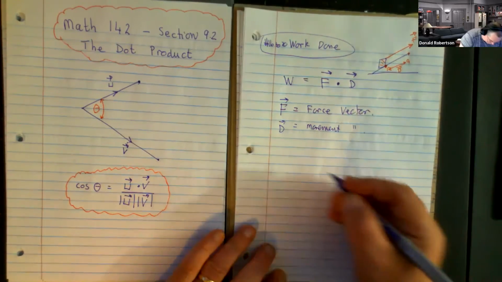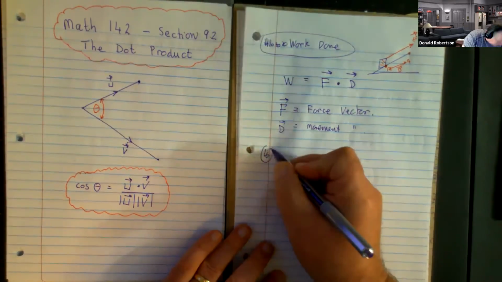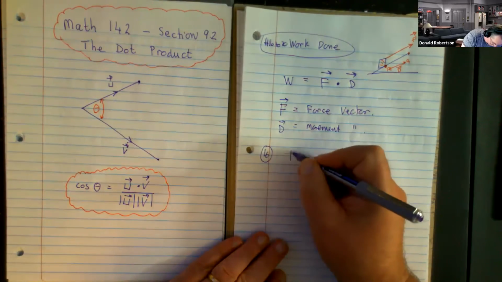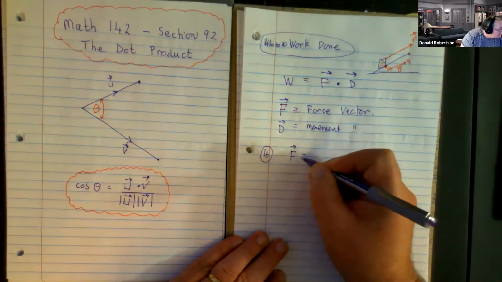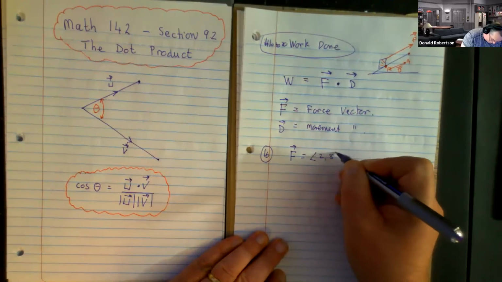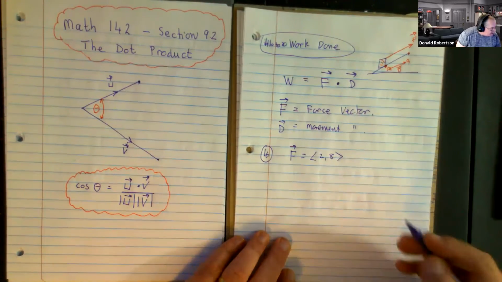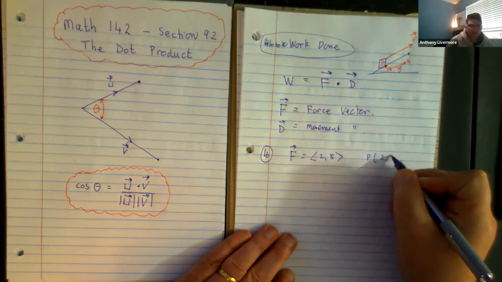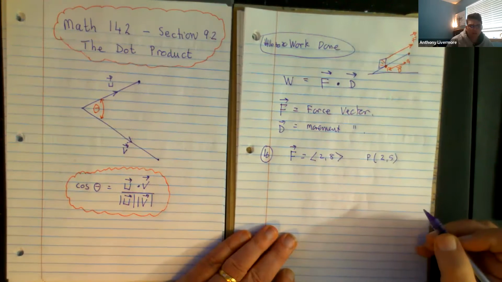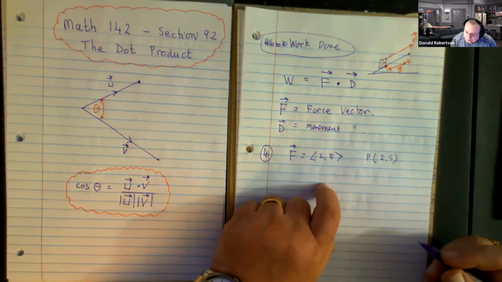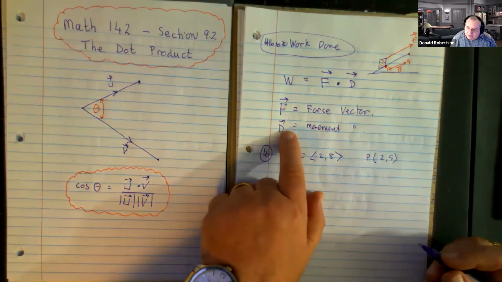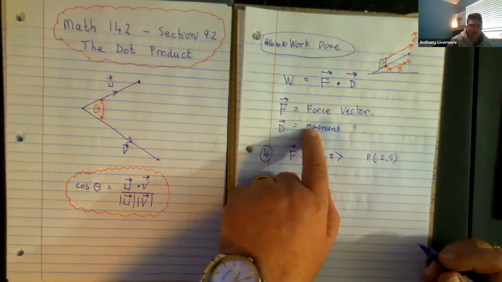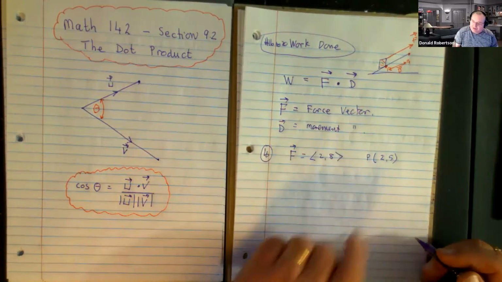So question 16, you're using a force, and here is your force vector, 2A, and you're moving it from a point P. What does the vector D say? It says movement. So it's a movement vector, right?